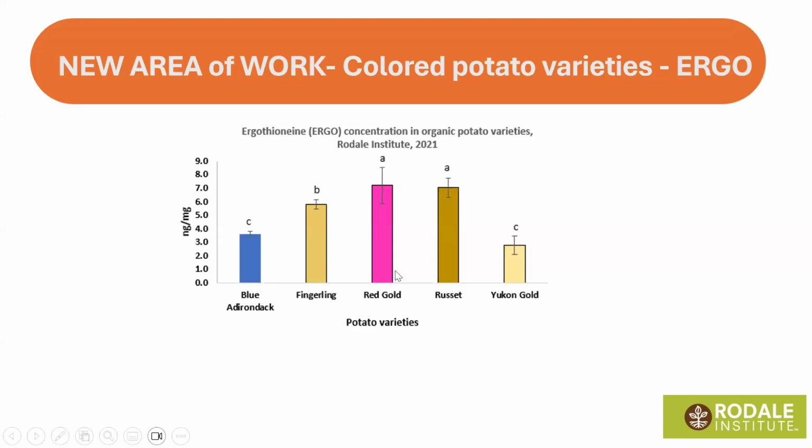So each variety, I always tell the growers, has its treasure. The treasure either of having more of the protein, or having more of the anthocyanin, or having more of the carotenoid. And in this case, we have different ones having ergothioneine.